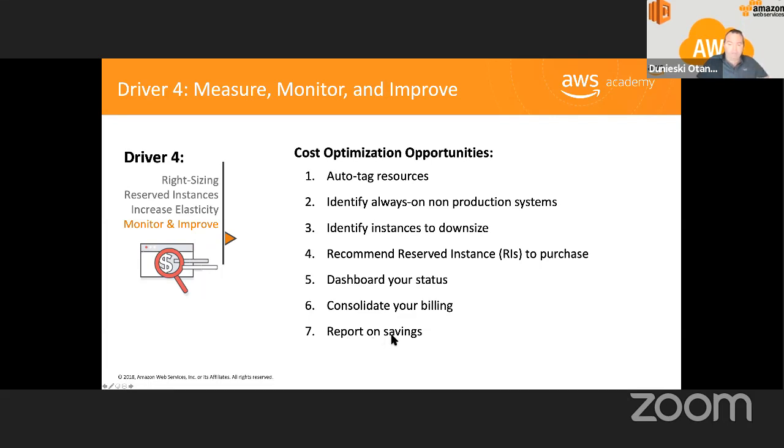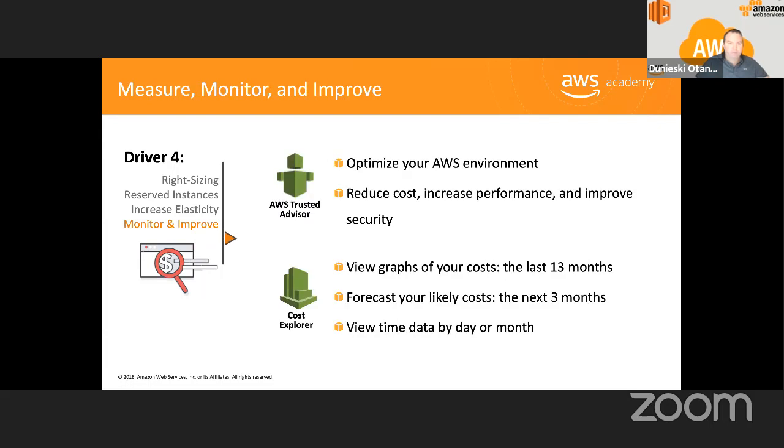And reports on savings. There are some services like Trusted Advisor, like Cost Explorer, and the simple monthly calculator. They can give you reports and data on how much you can save for your resources. So measure, monitor, improve, and optimize your AWS environment. I just mentioned these: AWS Trusted Advisor and Cost Explorer.